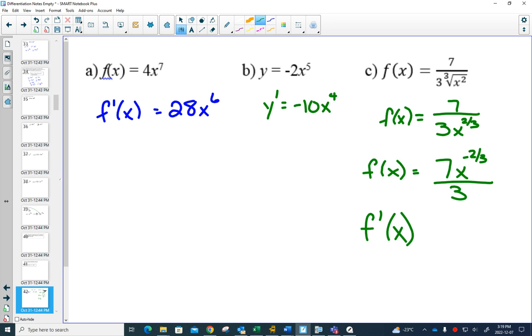And now when I find the derivative, negative 2/3 would come out in front. Well, how do I multiply fractions? Multiply the tops, multiply the bottoms, subtract 1 from the exponent, and you get negative 14 over 9 x to the negative 5/3. In perspective, do you know how annoying this would be with the x plus h?